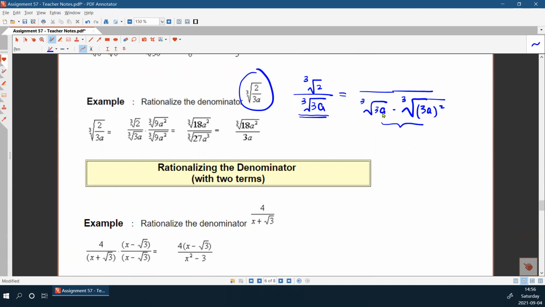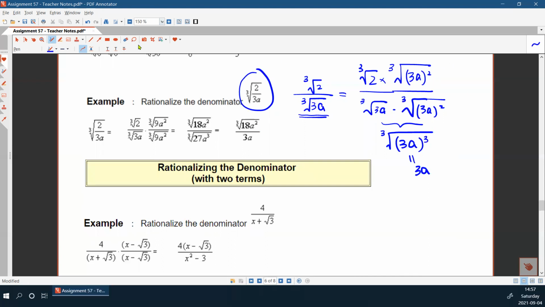Because the multiplication of these two numbers is 3a to the power of 3, and then find its third root, which is actually 3a, which means we rationalized the denominator, right? Okay, so we multiply the same number to the numerator, which is also the cube root of 3a squared.